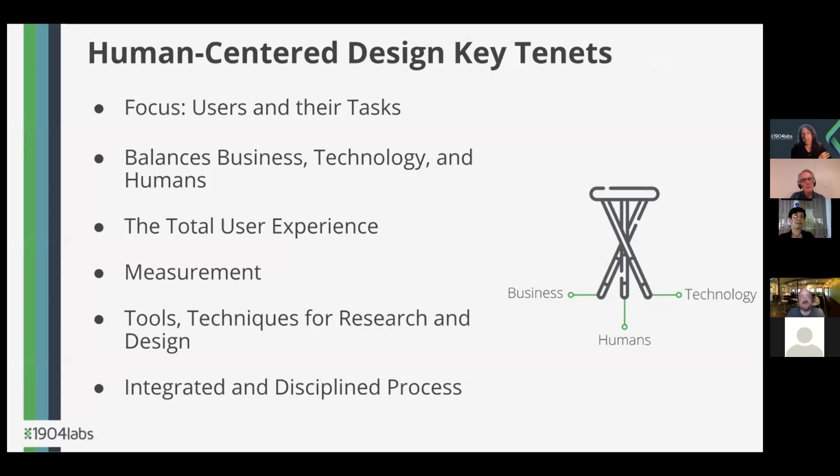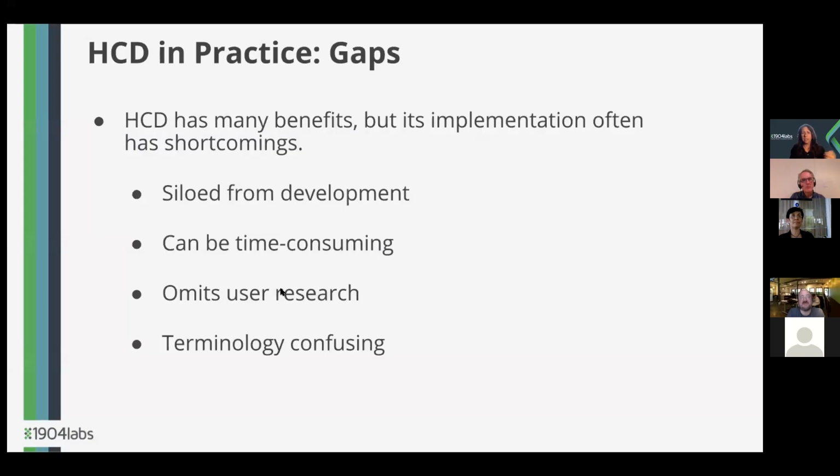So with those basic tenets, we looked at the fact that there are also gaps in human-centered design practice. There are a lot of benefits, but the implementation has shortcomings. As we said earlier, it's frequently siloed from development, so it can't be as effective as it would be normally. It can be time consuming if you're not moving quickly and you're not as lean as you need to be.